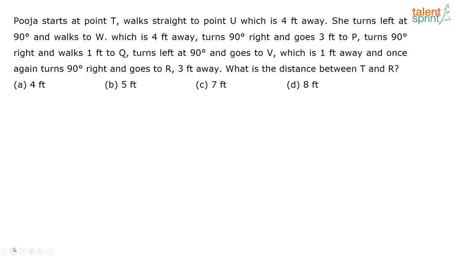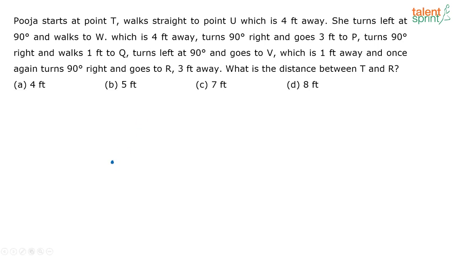Pooja can face the north, east, west, whatever. But whatever way you draw, what are they finally asking you? They are just asking you the distance between T and R. So in whichever direction you represent, the final answer is going to be the same. Even if you consider that Pooja is facing north and then you draw the diagram, or if you consider that Pooja is facing east and then you draw the diagram, finally the answer will be the same.